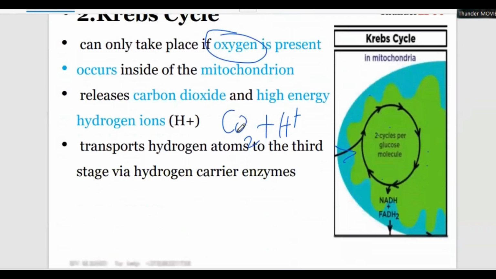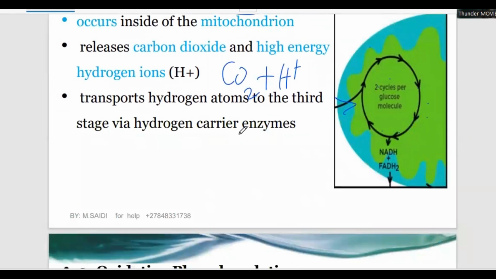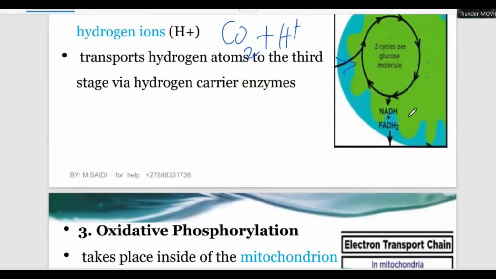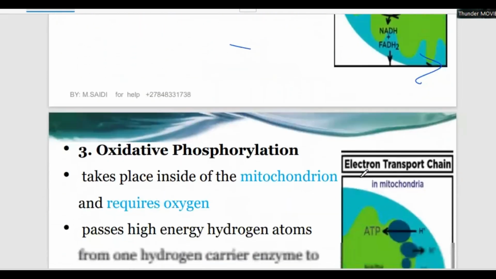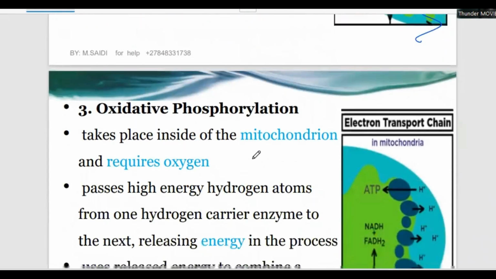So you have to take note of that, meaning that these two are reversible reactions. So now the NADH and the FADH2 enter here. You see them there, entering the oxidative phosphorylation. This makes us go to the oxidative phosphorylation.